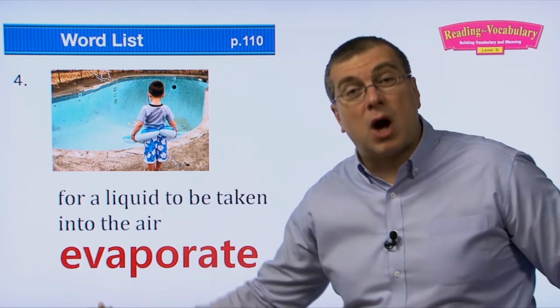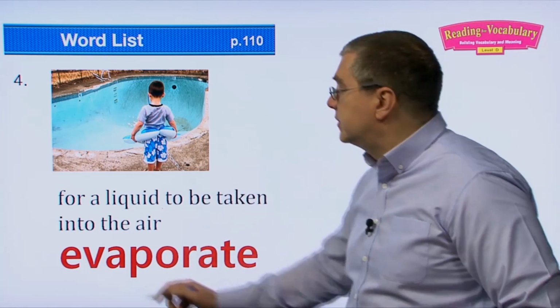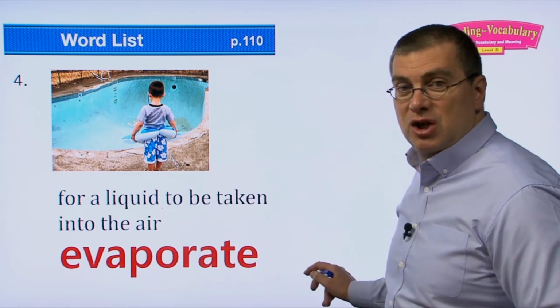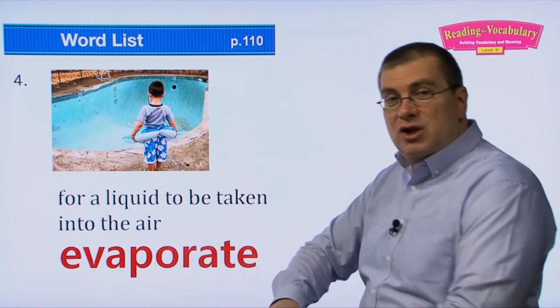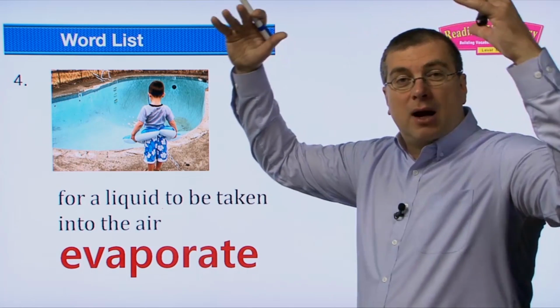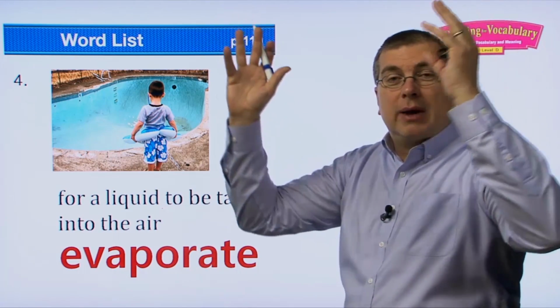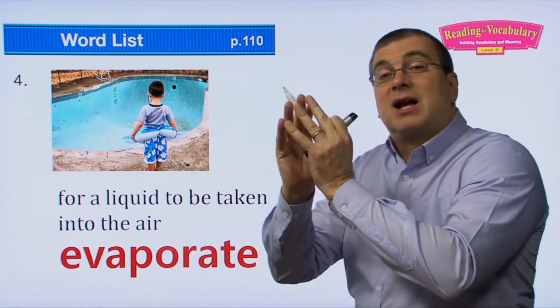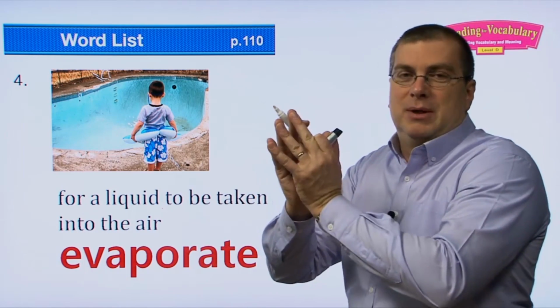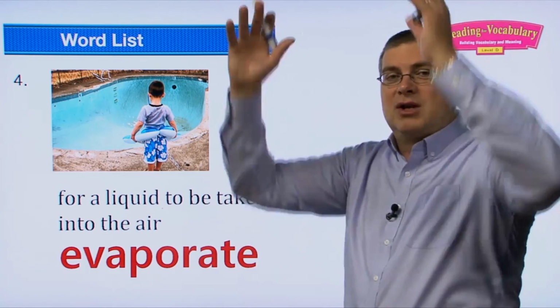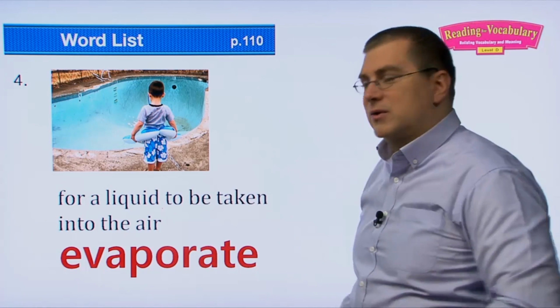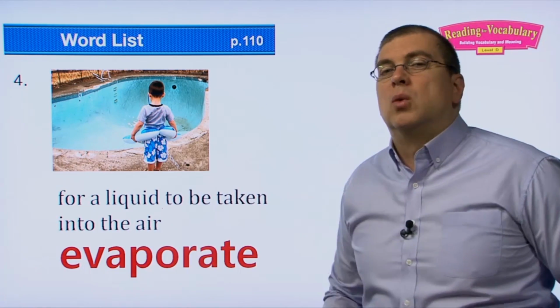The street is very dry again because of evaporation. Okay, so evaporation makes the water go into the air, and then when the air is cool, the water gets together and condensation happens. So first evaporation, then condensation. We'll talk about those later, but we need to know about those words.